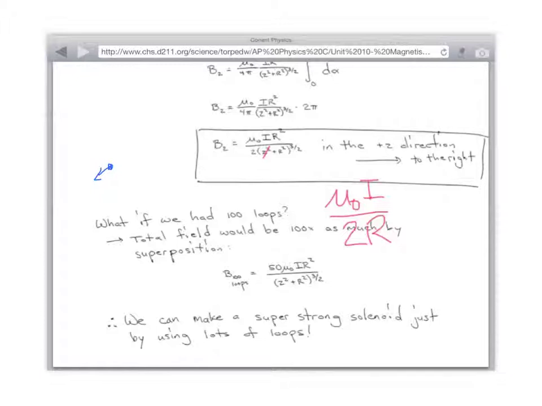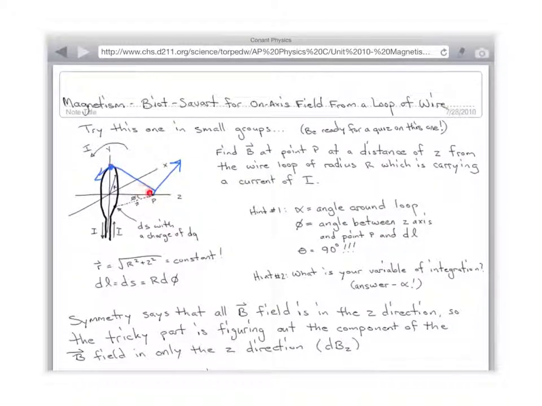But if you think about it, that charge right there is going to create a field at point P that doesn't quite point along the z-axis. Rather, it points at some weird angle up. It's actually a 90-degree angle formed by the r vector, which is this vector. It's got to be perpendicular to this r vector and to the v vector. So it's got to point that way.